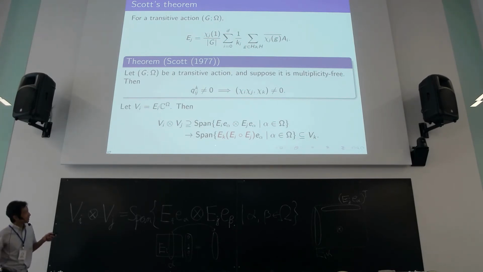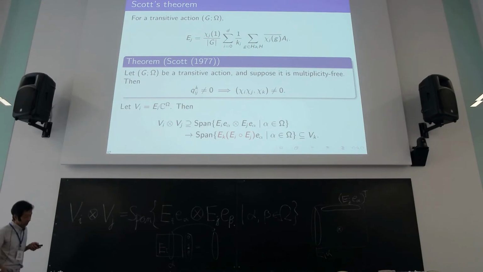Because of this Ek, this is a subspace of Vk, that is Ek times the standard module. And this subspace is non-zero precisely when the Kronecker parameter is non-zero. So when the Kronecker parameter is non-zero, then you have a non-trivial homomorphism which is compatible with G action.